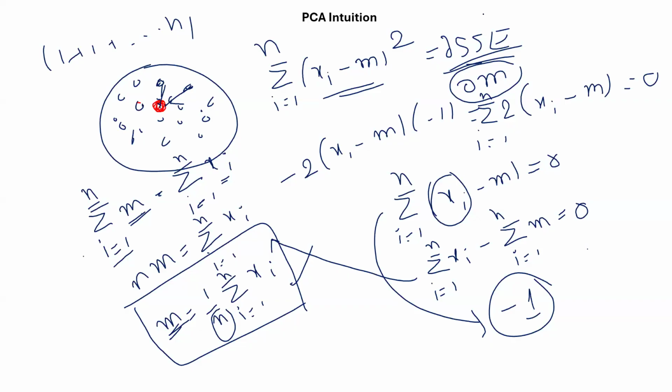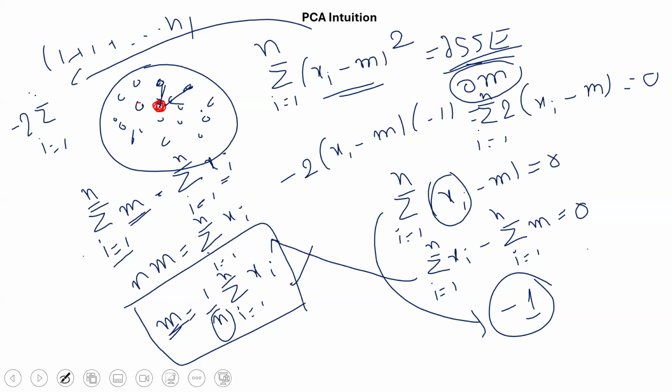So we are trying to minimize this sum of square distances. What is our first derivative? First derivative is 2 into xi minus m into -1. So that becomes -2, right? So what is the first derivative? First derivative is -2 into sigma i equal to 1 to n of xi minus m, right?